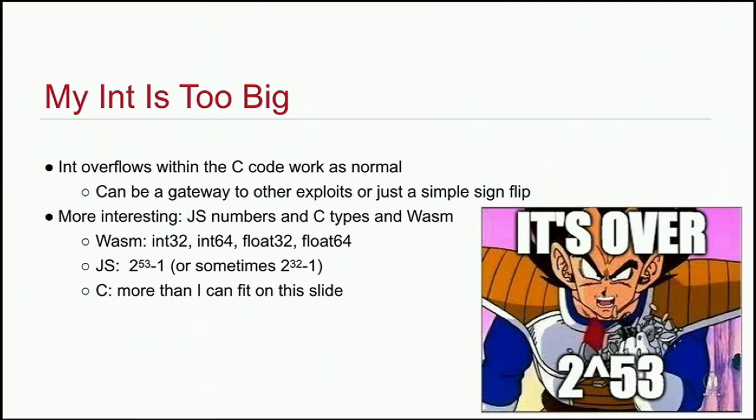JavaScript has 2 to the 53 minus 1. So if we're sending a value from JavaScript to Wasm, and the Wasm value was declared as a 32-bit value, but the JavaScript value we send is, say, 2 to the 40, then what we've just sent in has already overflowed before we even started the C. And so there's going to be a problem there.